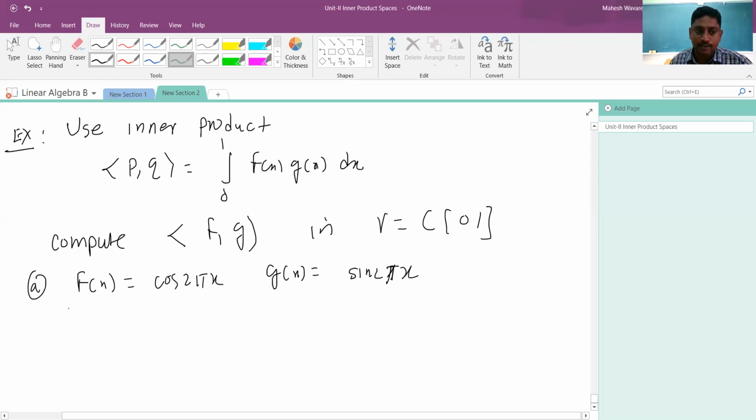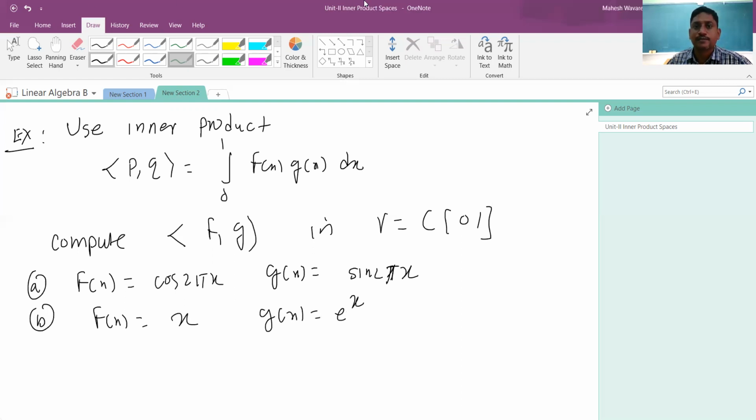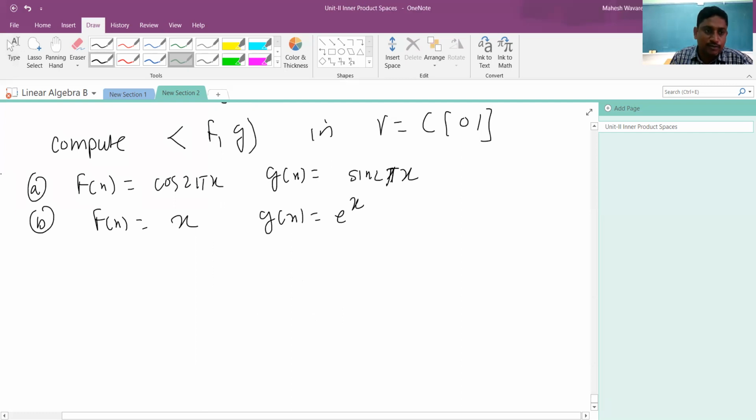And for the second example, f of x is x and g of x is e to the power x. So the two examples we need to solve separately.